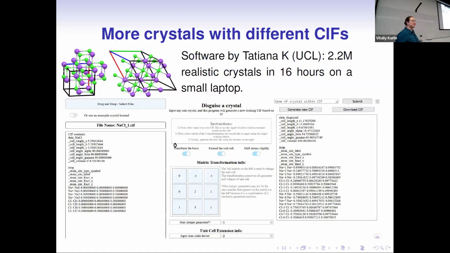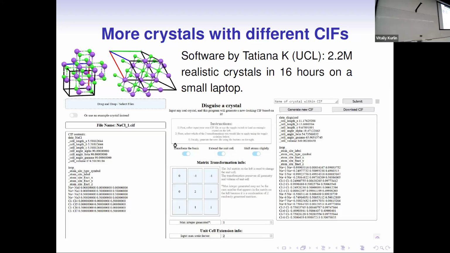Actually, it was a school project of my daughter, a final year school project. She created a tool that takes a CIF file, applies slight perturbations, and creates absolutely novel predictions, symbolizing however many years of human knowledge you wish.